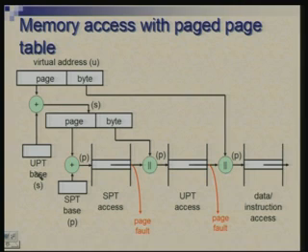Since we have decided to keep the user's page table in system virtual space, this is an address in system virtual space, it is a virtual address. So, this starting address plus the page offset gives us another virtual address in the system space, which we can again look upon as a page part and a byte part.